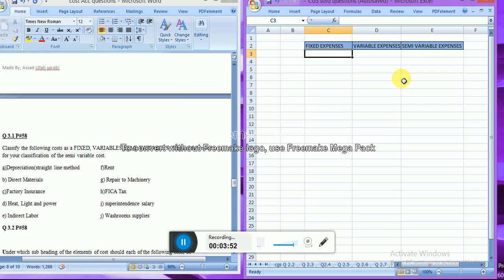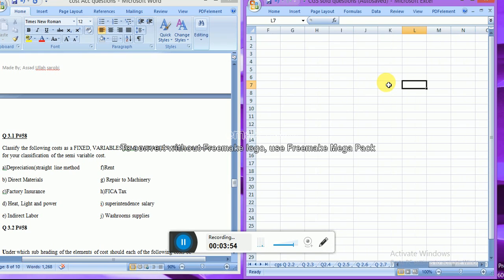So look, it is the formula of depreciation by straight line method. The formula is cost price minus salvage value, divided by estimated life.